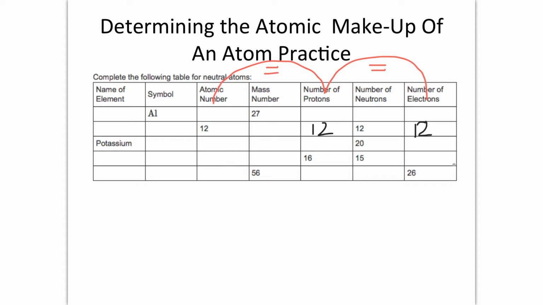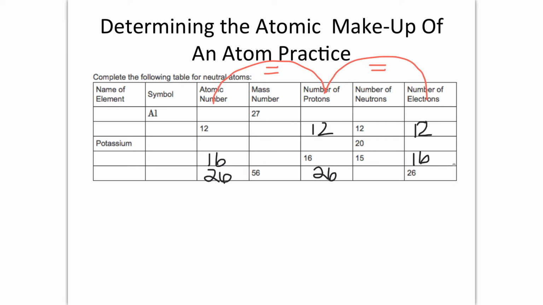And we know that the number 26 is here, and we said they're all equal, so 26 has to go here and has to go here. And we said that the number of protons here is 16, which means that there's 16 here for electrons, and the atomic number is 16. So we haven't done anything yet except just fill in a bunch of boxes with things that are equal.